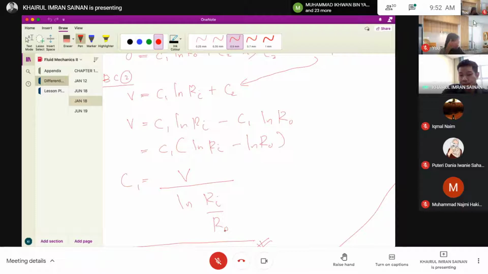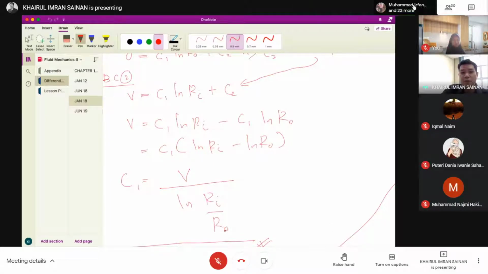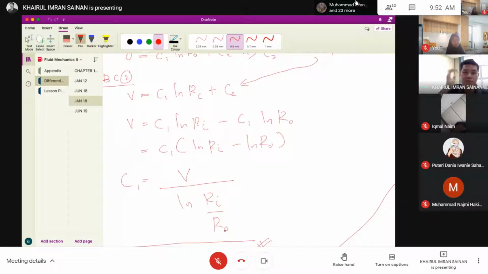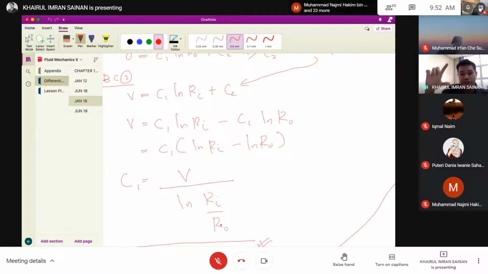The answer is correct, nothing wrong with it. But normally, as we get lots of experience and read through the books, they will rearrange with R outer at the top and R inner at the bottom, because the radius is larger.